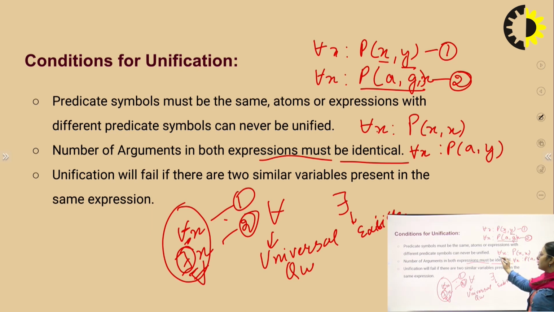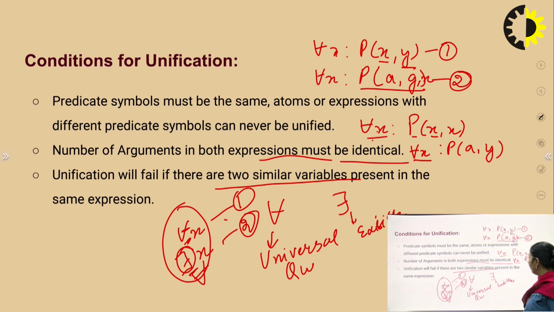The first condition says the predicate symbol should be the same, so on that basis we can unify these two sentences. The second condition says the number of arguments should be the same in both expressions, and it is. But the third condition says unification will fail if two similar variables are present in the same expression. If p x comma x is present in any of the expressions, then they cannot be unified.